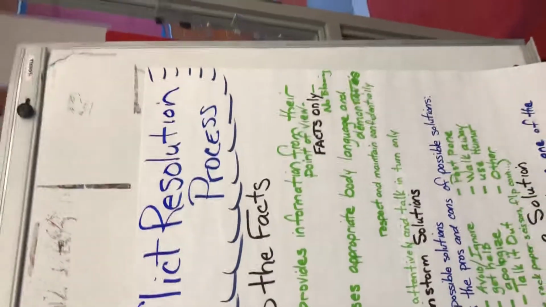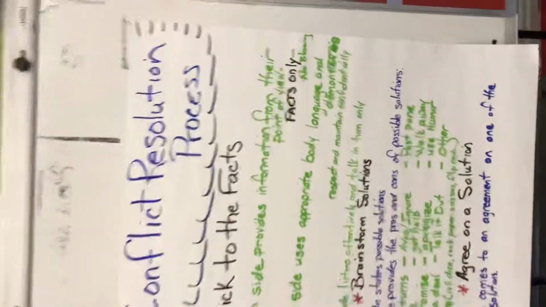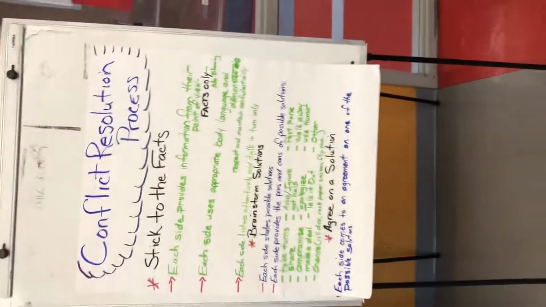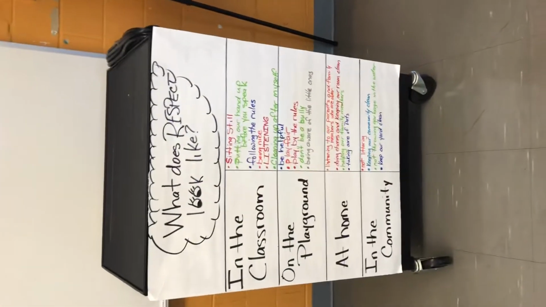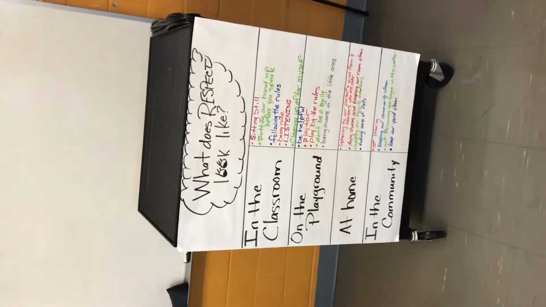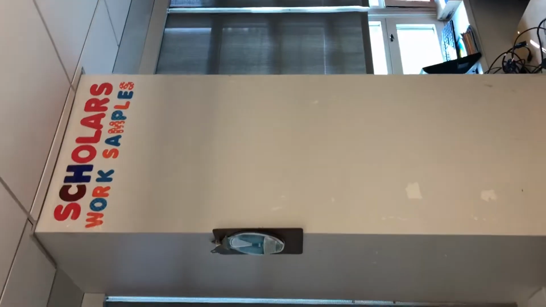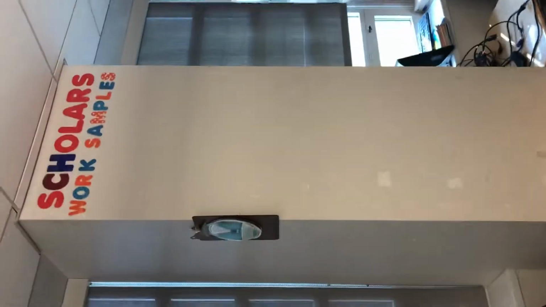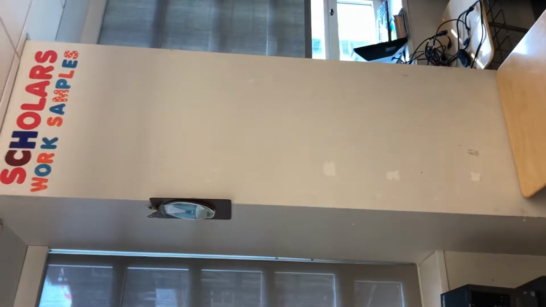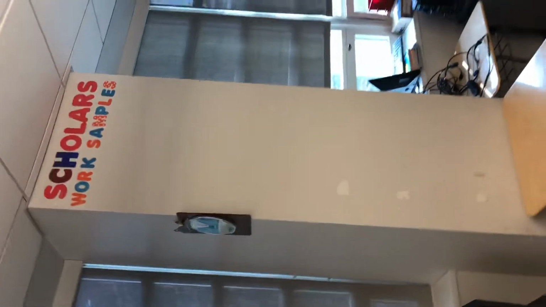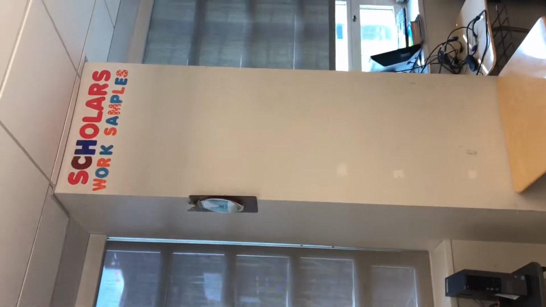Certain social skills that I cover the first week are conflict resolution and respect in the classroom. And more importantly, let me share this, is an area in the classroom where their work is posted. This will have their picture and a piece of checked work weekly.